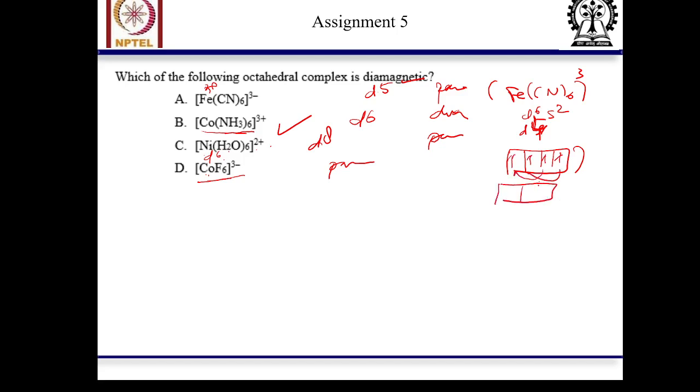Final configuration will be like this, 1 2. For this, Co3 plus means d6 and it is a strong field ligand. Sorry, this is d5. With a strong field ligand, we still have one unpaired electron.